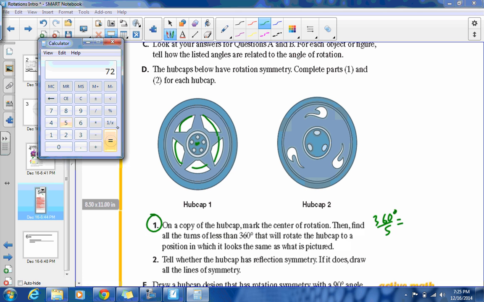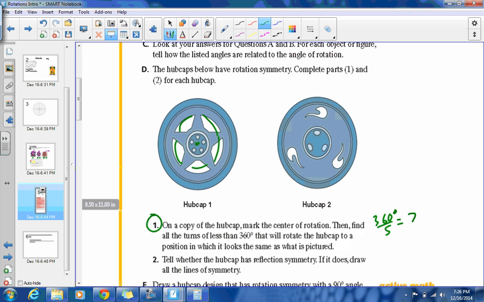There it is. 72 degrees. So that would be our angle of rotation. And so we'd have 72, 144. Another rotation would get you to 216. Another rotation would get you to 288. And then you get all the way back up to 360.